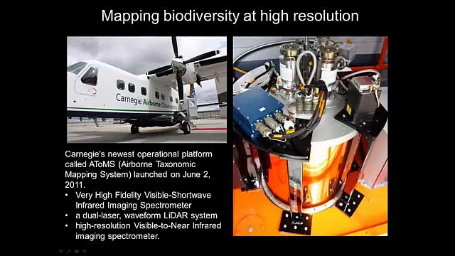This is specifically the very high fidelity visible to shortwave infrared spectrometer that measures from the visible to the shortwave infrared wavelengths. And this institute also has a dual laser waveform LiDAR system and a high resolution visible to near infrared imaging spectrometer.